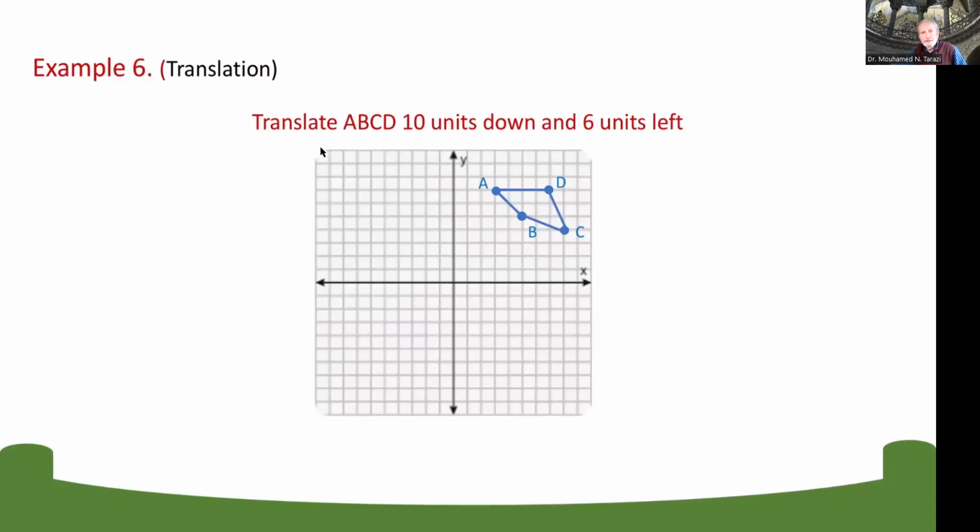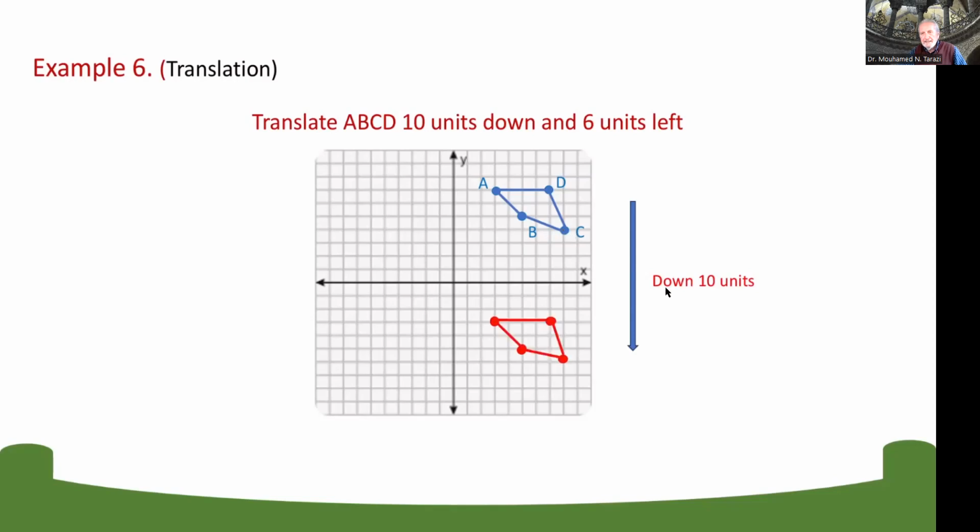So here we are going to translate A, B, C, D 10 units down and 6 units left. 10 units down: from this point you count 1, 2, 3, 4, 5, 6, 7, 8, 9, 10. Same thing here, you go down 10.